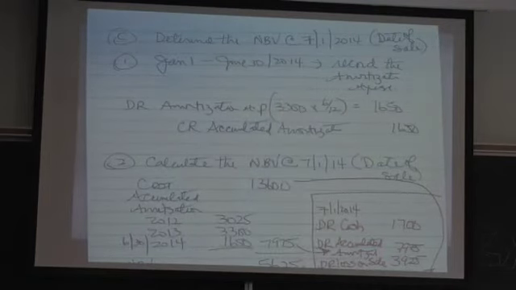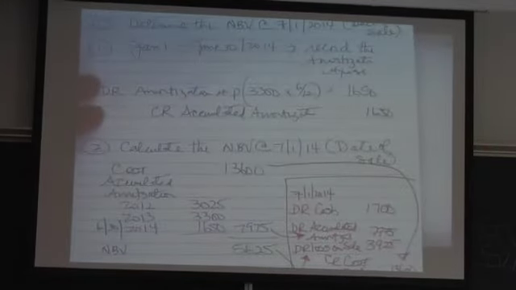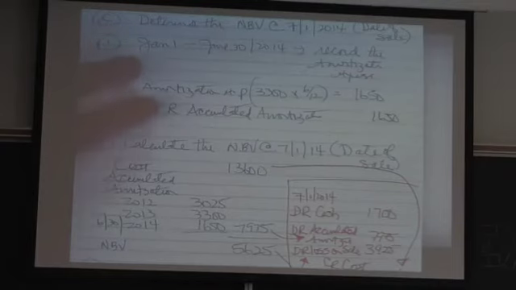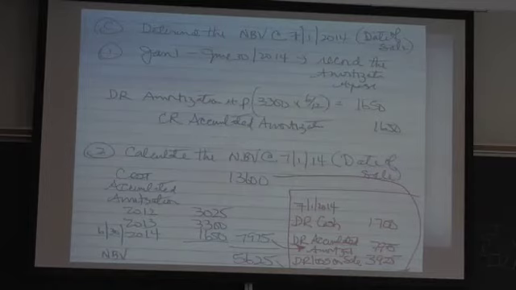In our case, it would have been January to June 30th. So this is always an important step because this is a step that students often miss. So first you need to record the amortization, and of course it's partial year. It's $3,300 was the yearly amortization times 6/12. That gives us the amortization for 6 months, brings us to July 1st.